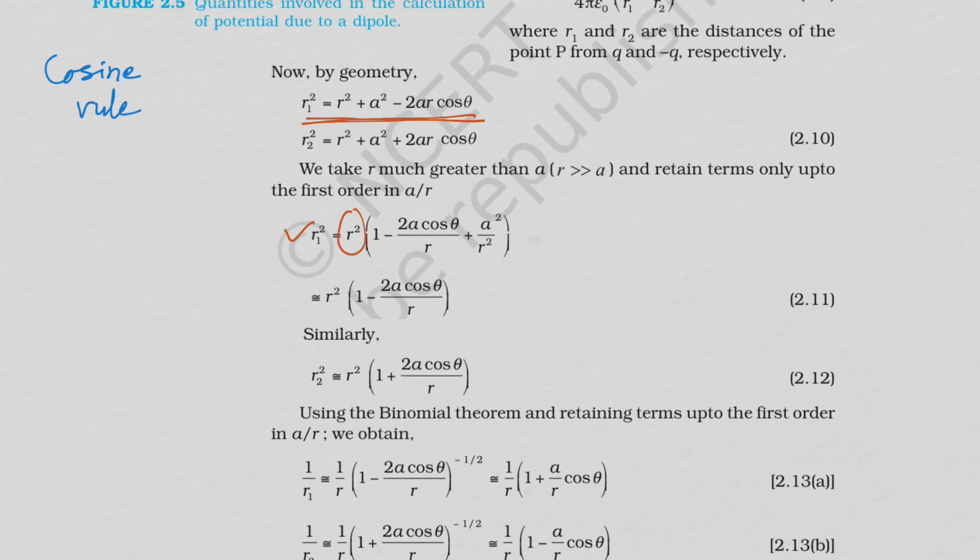So r1 square on the left hand side stays the same, but on the right hand side we are taking common r square.